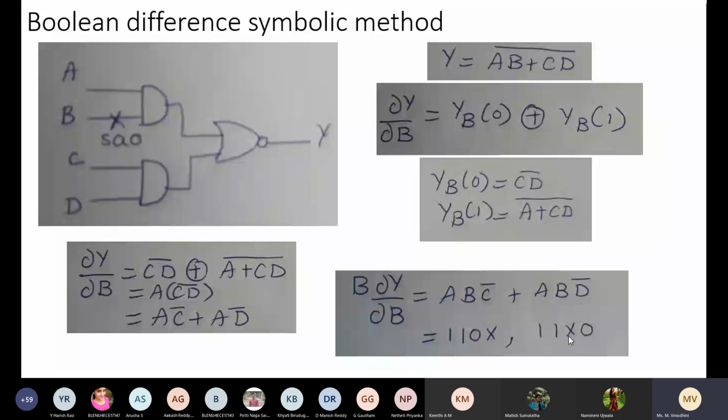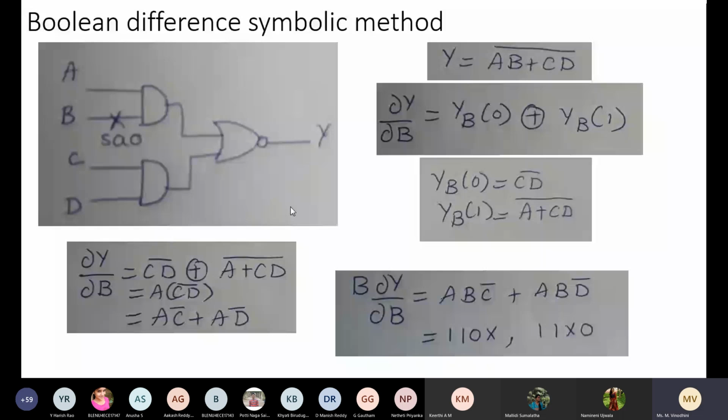So these are the test vectors which will detect this fault. This X can be 1 or 0. So the different test vectors are 1, 1, 0, 0; 1, 1, 0, 1; 1, 1, 0, 0; and 1, 1, 1, 0. So these are the 4 test vectors which can be used to test this fault. Is it clear, students?